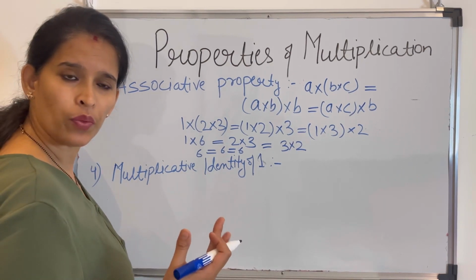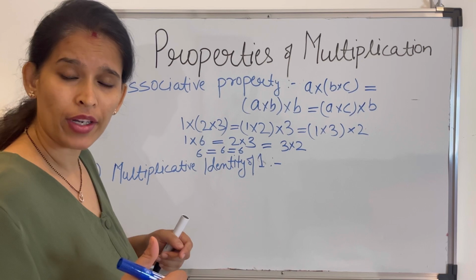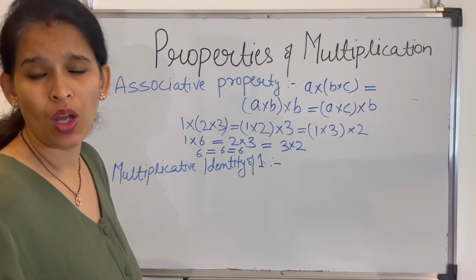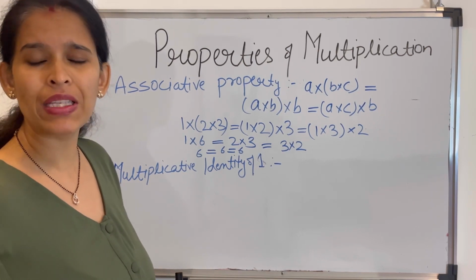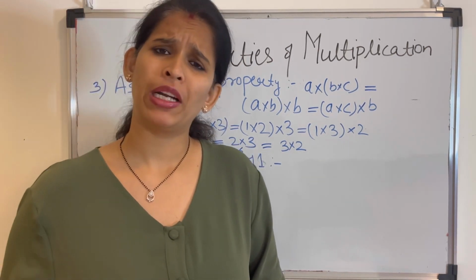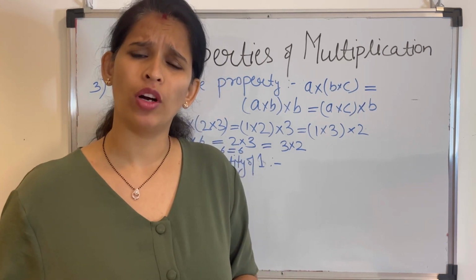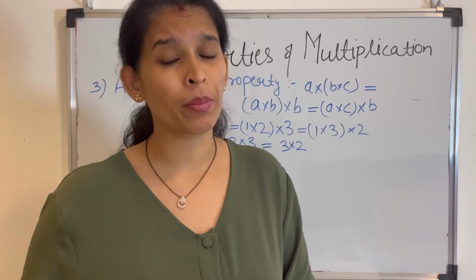Now the fourth one is known as the multiplicative identity of 1. So 1, as a whole number, we'll check what kind of property it holds. You must have seen that if I multiply any number with 1, like 10 into 1, 100 into 1, 50 into 1 or 19 into 1, the number stays itself.